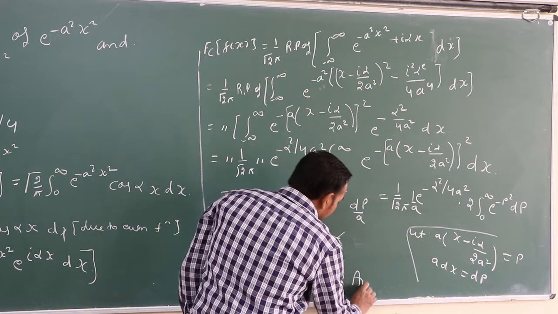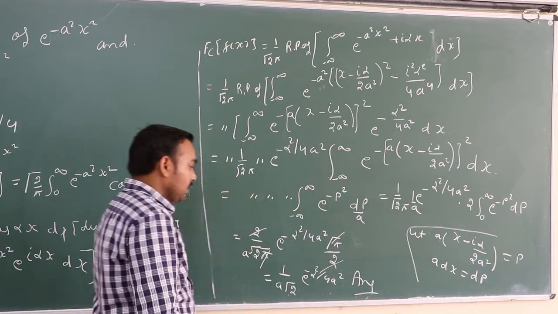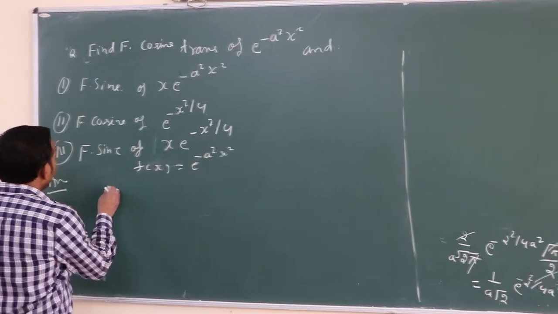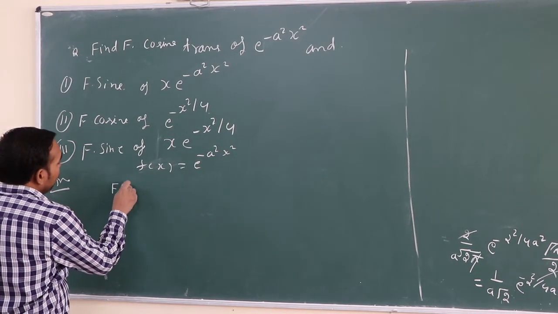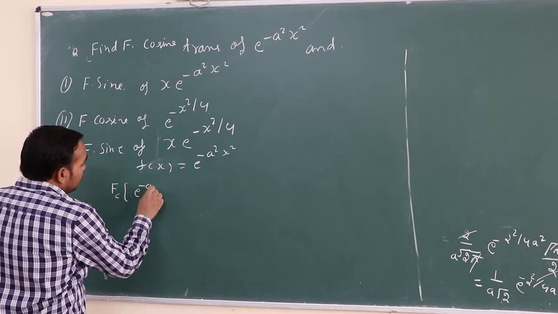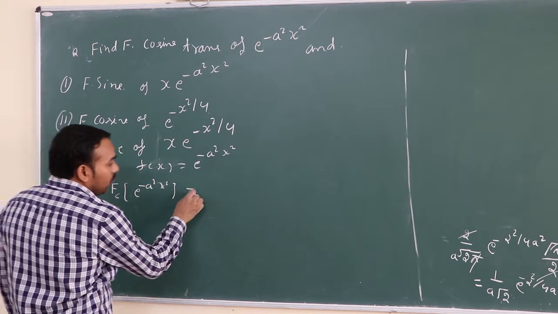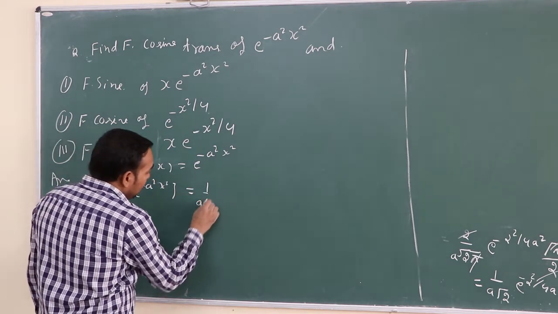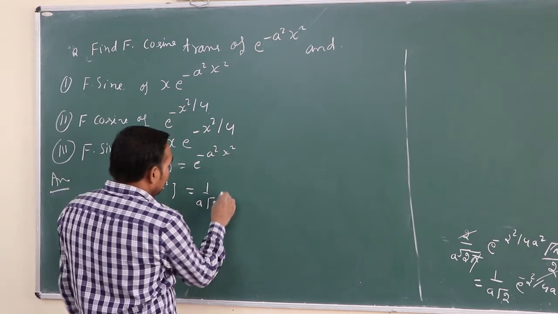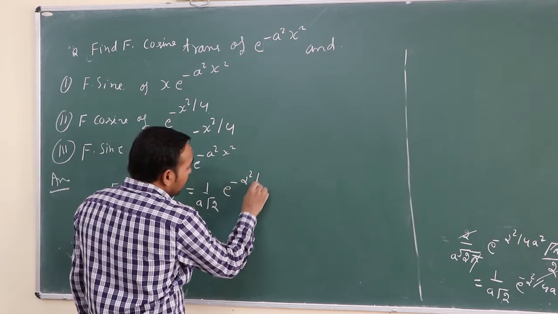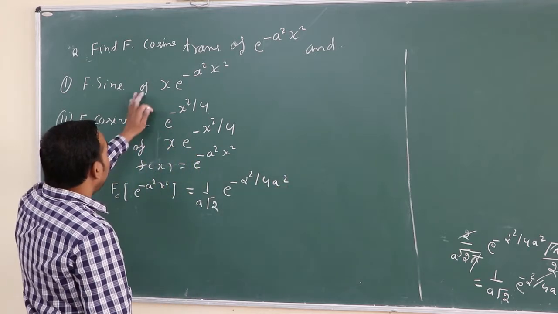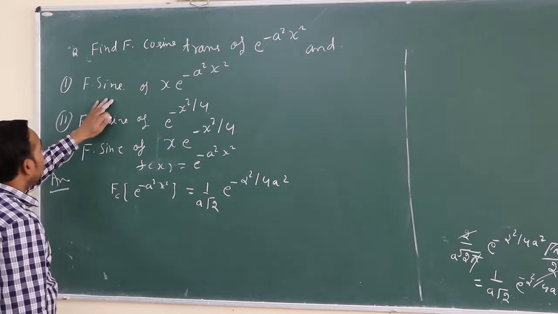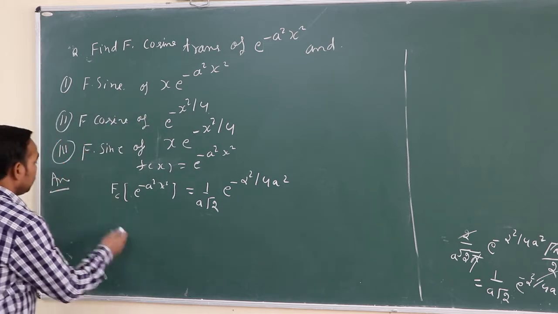Finally we get the answer: the Fourier cosine transform of e to the power minus a square x square equals 1 upon a under root 2 pi, a to the power minus alpha square upon 4a square.